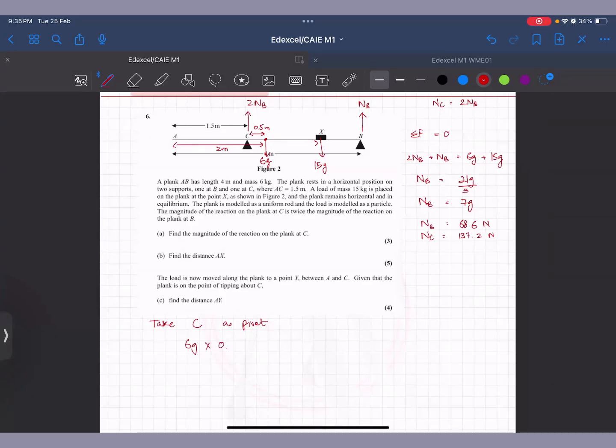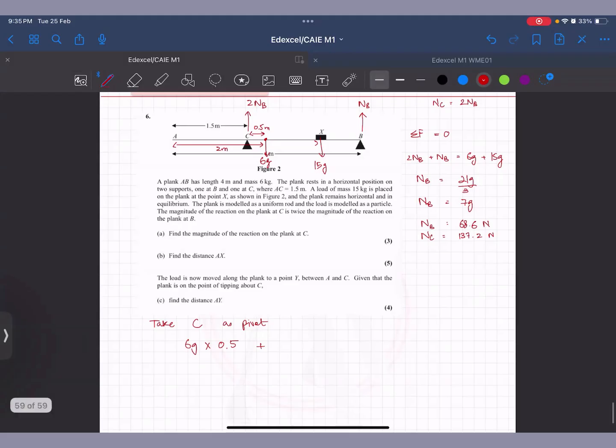This is generating a clockwise moment, plus this load X. Where is this load placed? Do we know? A load of mass is placed on the plank, which remains horizontal and in equilibrium. Okay, so they have not given us this.